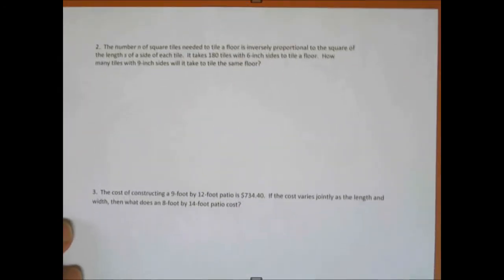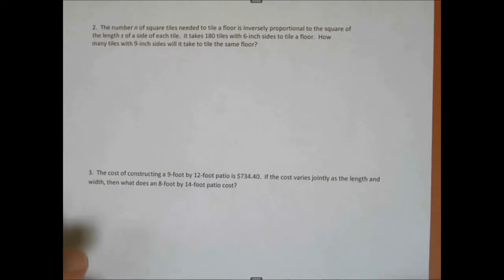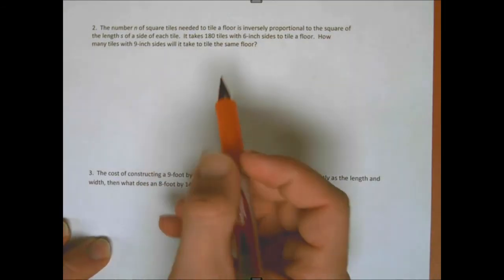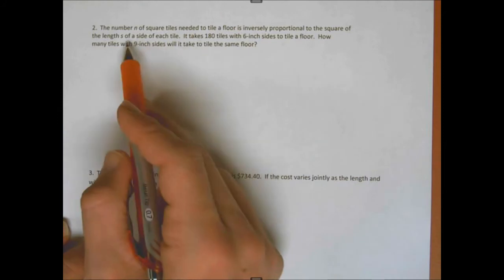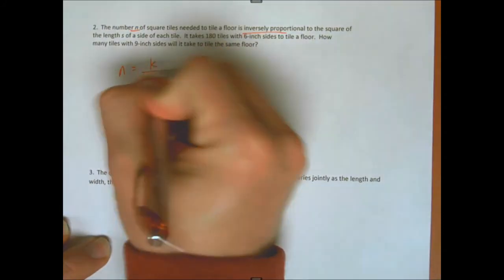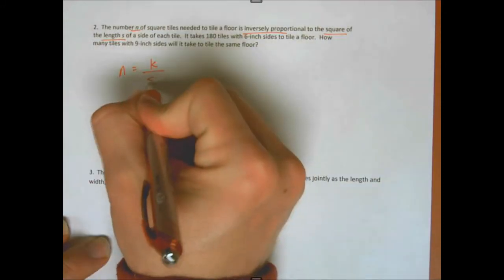Okay, if you can, pause the video and try number 2. Number 2 says the number of square tiles needed to tile the floor is inversely proportional to the square of the length s of the side of each tile. So n is inversely proportional, meaning we divide by the square of the length s of each tile.